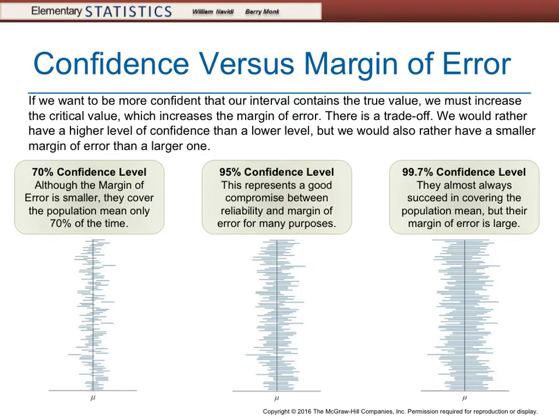In this case, 95% of the confidence intervals typically cover the true value of mu under this method. Under the method where we describe a confidence level of 99.7%, they almost always succeed in covering the population mean, but the margin of error becomes pretty big.